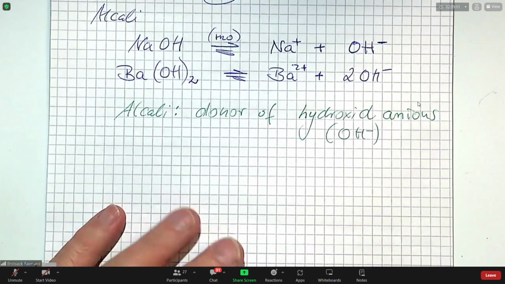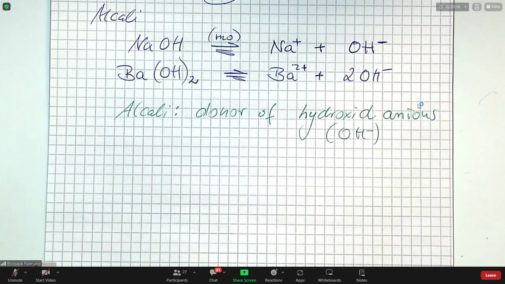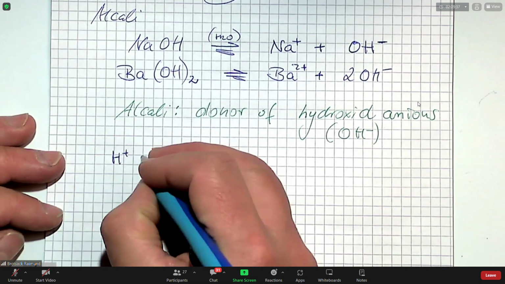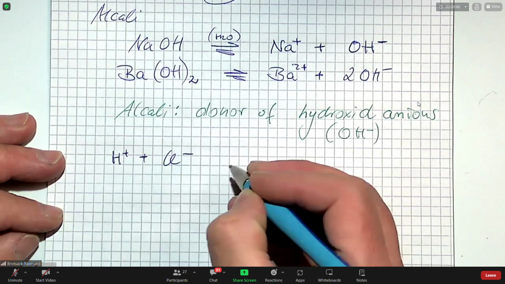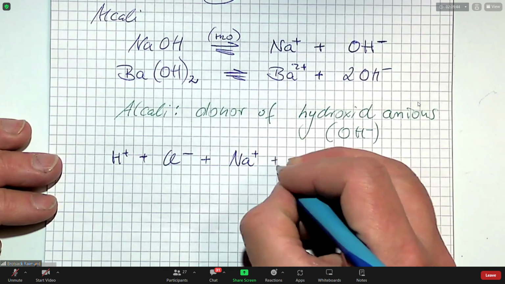When we now combine an acid and an alkali, what do we call this type of reaction? An acid and an alkali we put together give salt and water, and we call it neutralization. So, for example, we have a strong acid, hydrochloric acid, H plus Cl minus in water, and we have a strong alkali, sodium hydroxide.